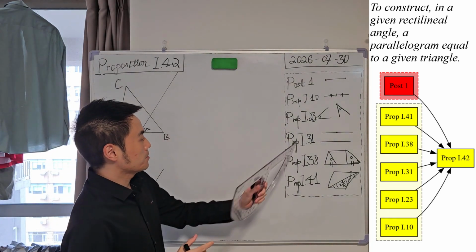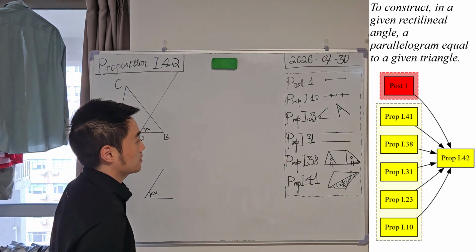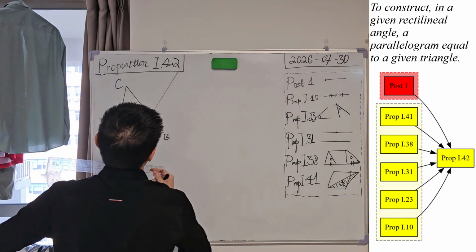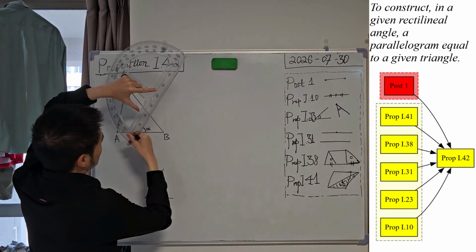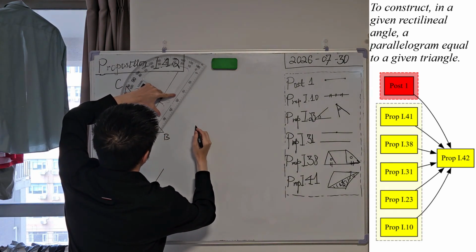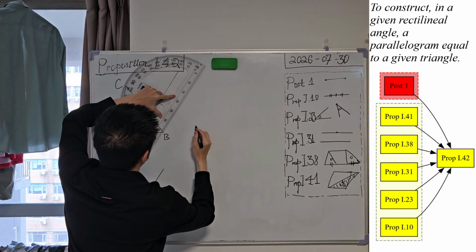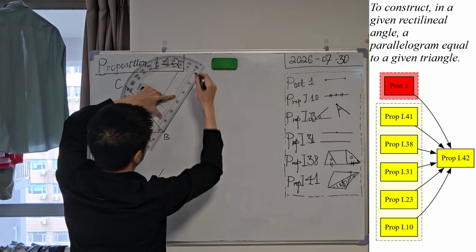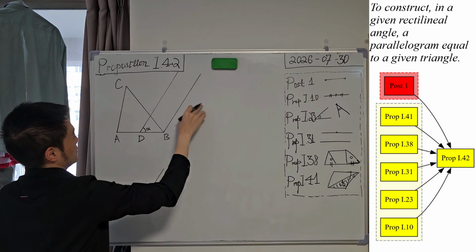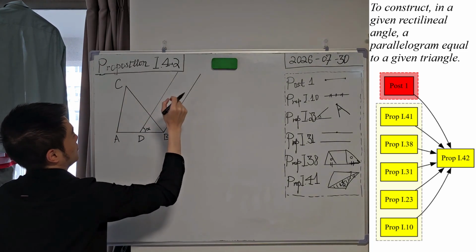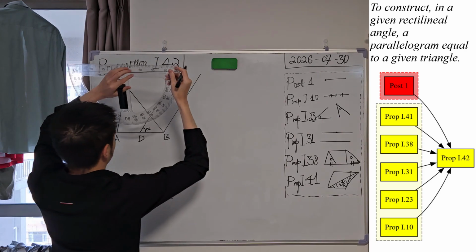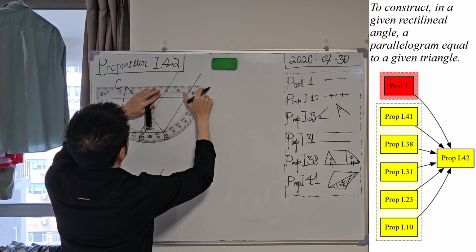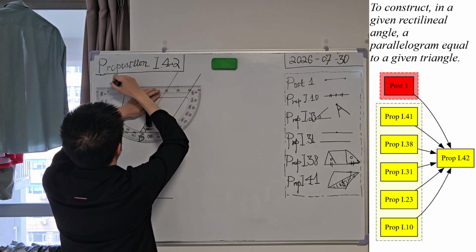And then please recall proposition 31. We are able to construct parallel lines through a given point and parallel to a given straight line. So let us construct a straight line here through the point B that is parallel to the side of this angle. So they are parallel. And let us construct another straight line through the point C that is parallel to AB.